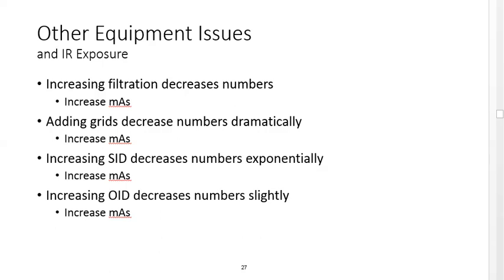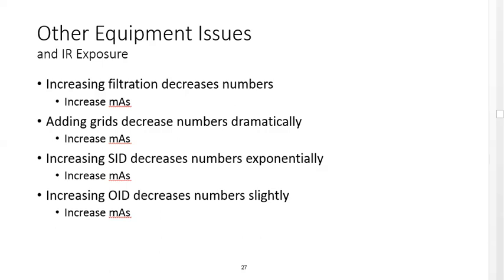What I mean by that is if you change from 40 to 80 inches and you don't change anything, then the intensity striking the image receptor reduces by a factor of 4. The inverse square law tells you how much of a change in technique you need because of the loss of intensity. So if you change from 40 to 80 inches, you lose intensity by a factor of 4, so you have to increase your technique by a factor of 4. You increase your mAs by a factor of 4.